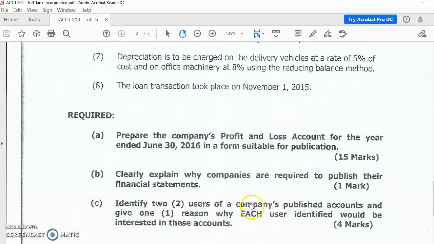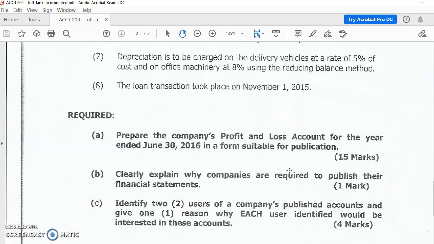So B and C I would not be doing because that is theoretical, and some of that information is already in a previous video, but we will do the accounts, the profit and loss account as instructed. Basically, that is the income statement they want us to do in a form suitable for publication.